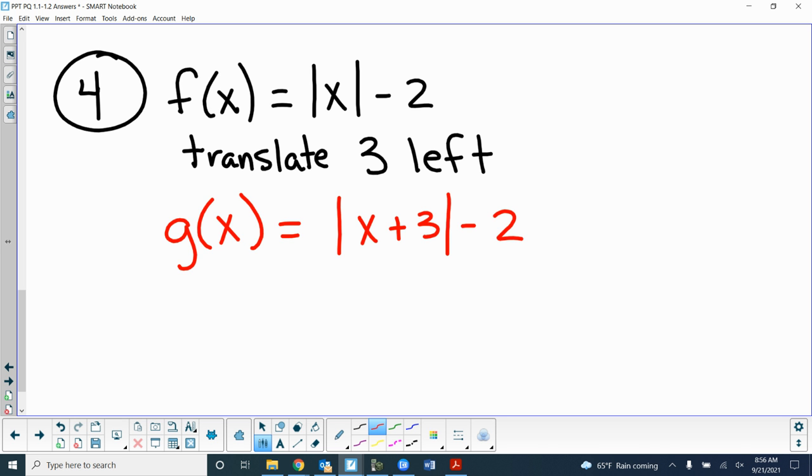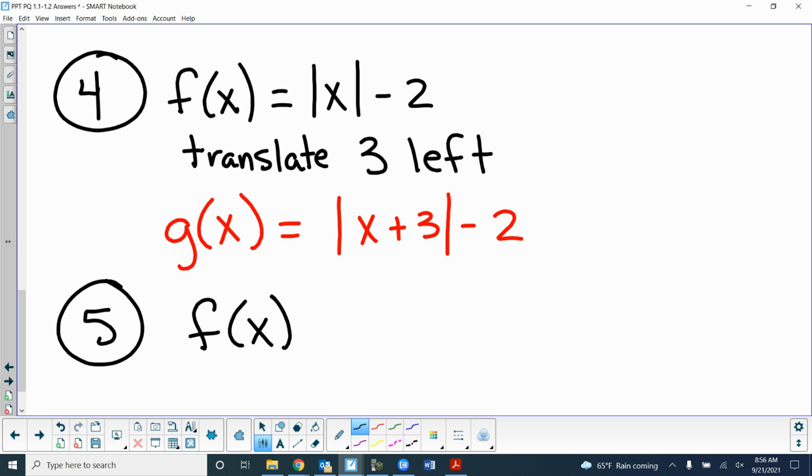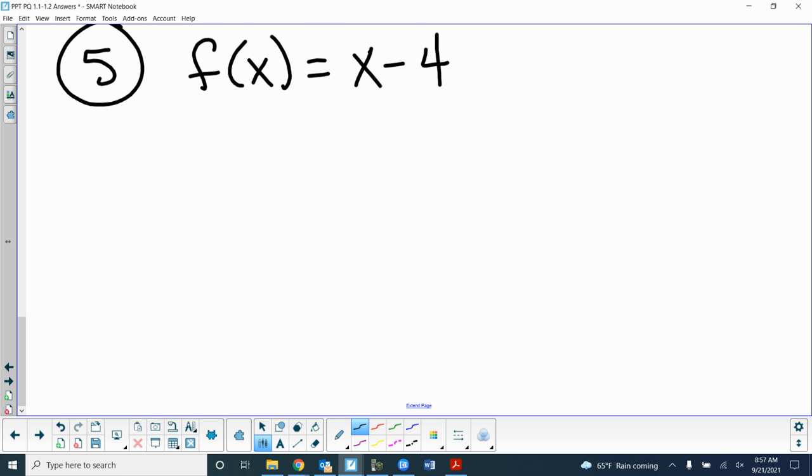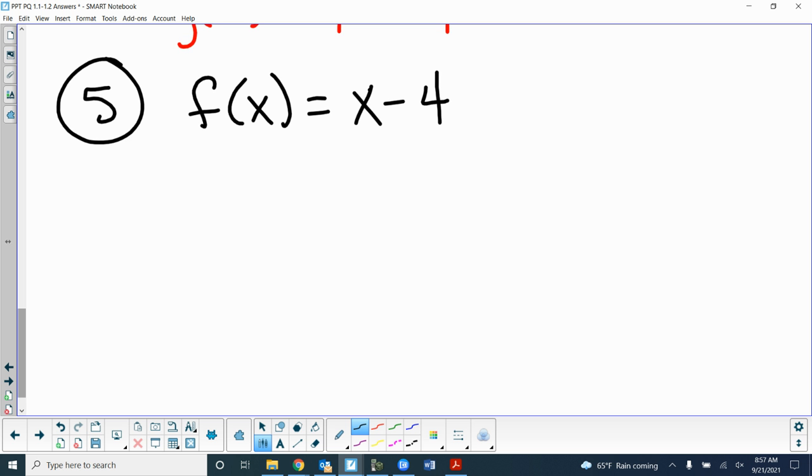All right, number 5. We have a linear family we're working with. Okay, so there's our f function. And we're supposed to reflect in the y.